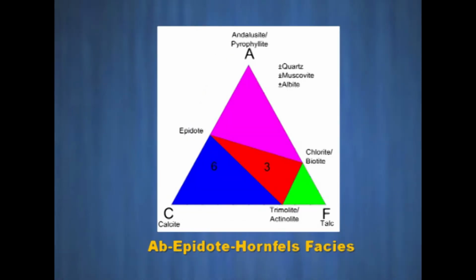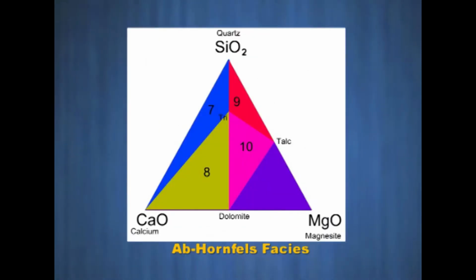On the basis of ACF and CaO, MgO and SiO2 diagrams, we can observe the other important calcareous assemblages: first, calcite, tremolite plus or minus quartz; another, calcite, dolomite, tremolite; and another that is slightly magnesium rich, tremolite, talc plus or minus quartz.